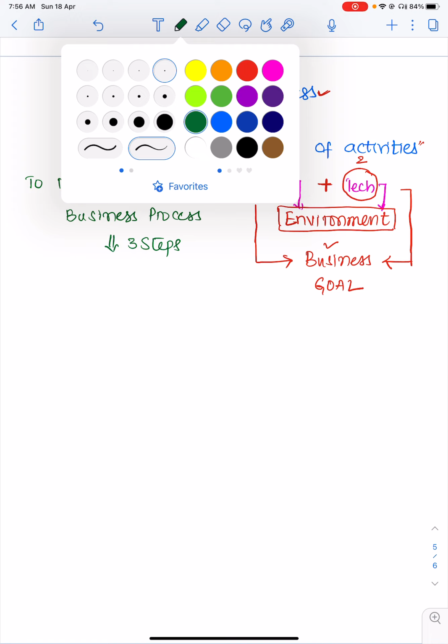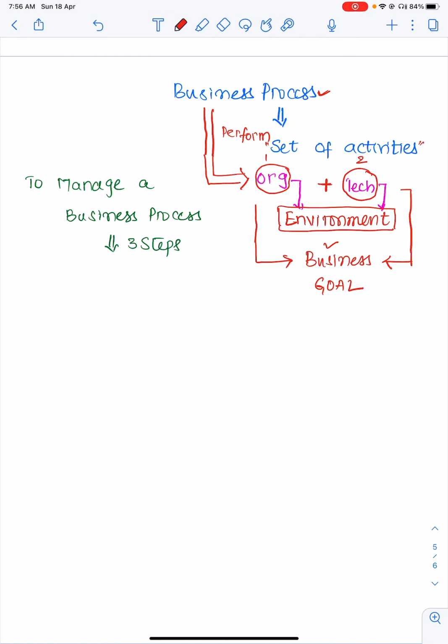First one, I call it the first task: define. In this define, we need to define certain steps or tasks. Second, we need to define a role.